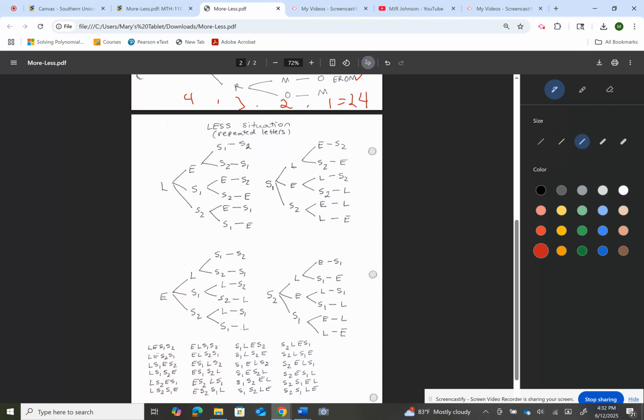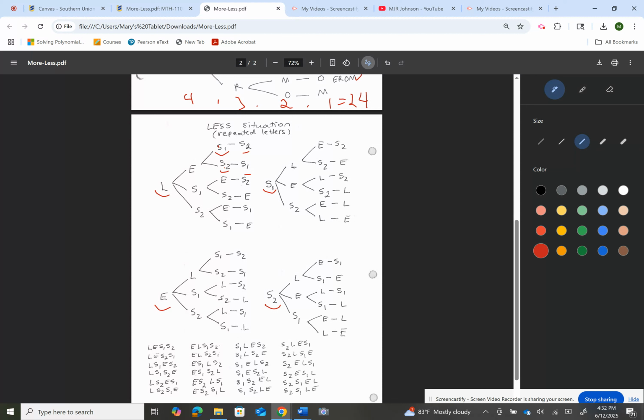So remember, these would be the letters that I would have chosen for my first letter, okay? And then after that, there would be 3 letters left, and then after I've selected my second letter, there'd be 2 possibilities, and then after that, just 1 possibility.